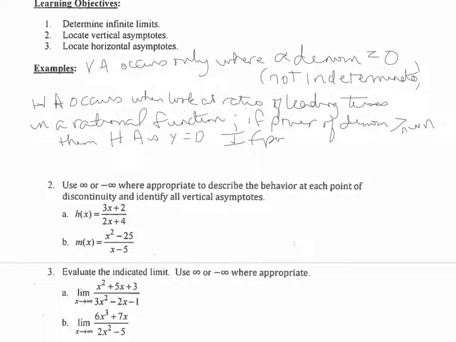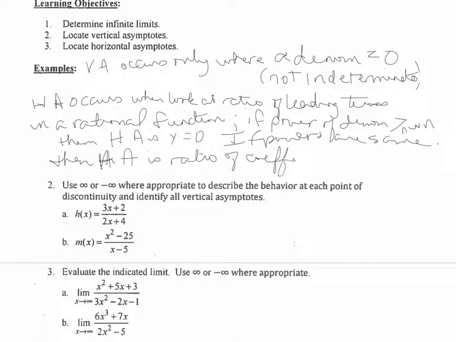Now, if the powers are the same, then what do you have? The horizontal asymptote, sorry, this is messy, is the ratio of the coefficients, because that's what we said the limit would be.